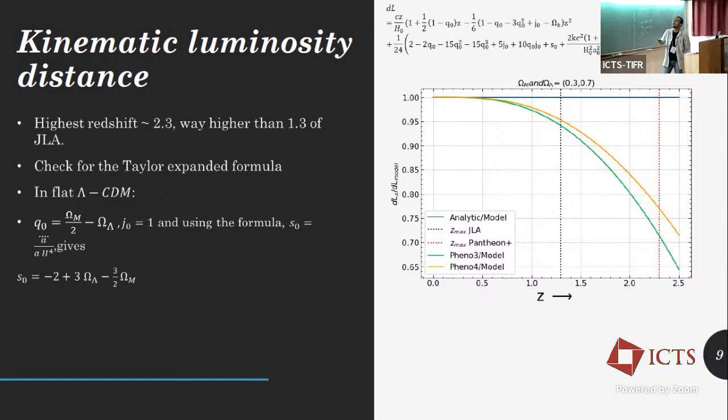For JLA, it was all right to use the Taylor expanded luminosity distance, since it agreed to about 95% order. But here, the luminosity distance is pretty far off from the true luminosity distance. So this was one thing to take into account.